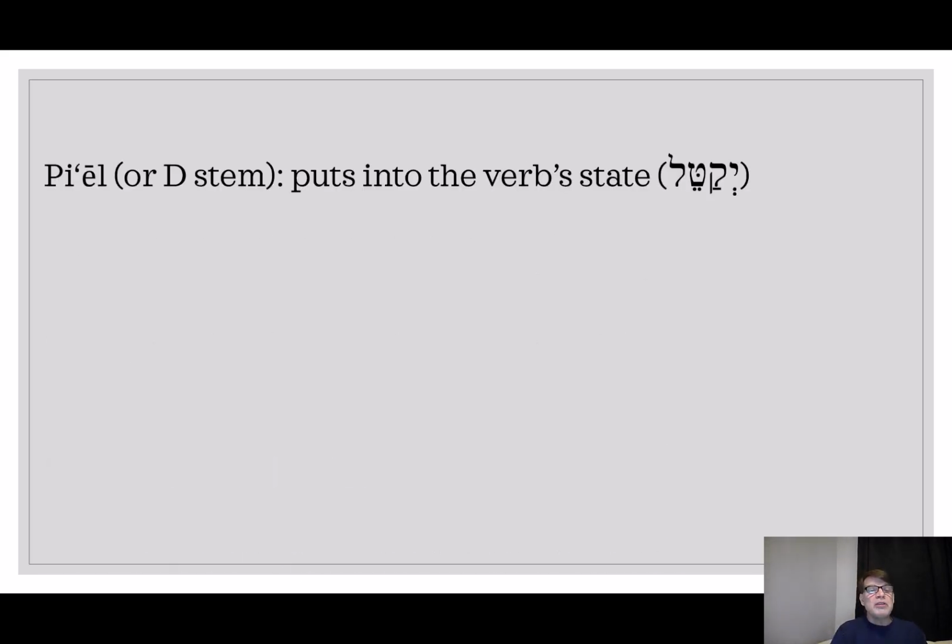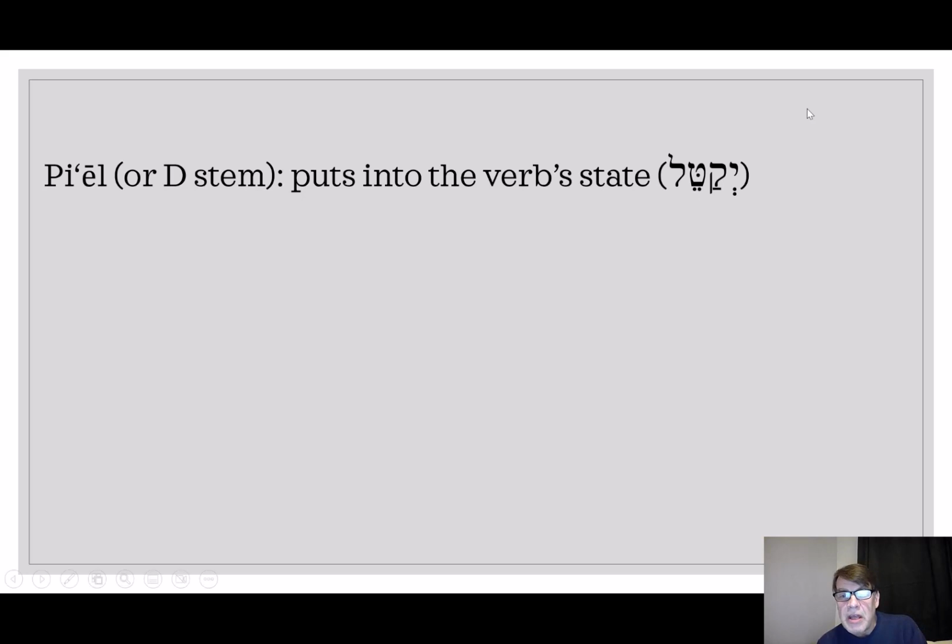Okay, so what did the D stem look like in this? It's still doubled. See, we've got a doubled second letter that, again, is telling you that it's a D stem. And we've got the yod, as usual, a performative on the front, telling you it's third masculine singular, yikatel. So the N doubles the first consonant, the D doubles the second consonant. So yiktol, yikatel, yakatel.